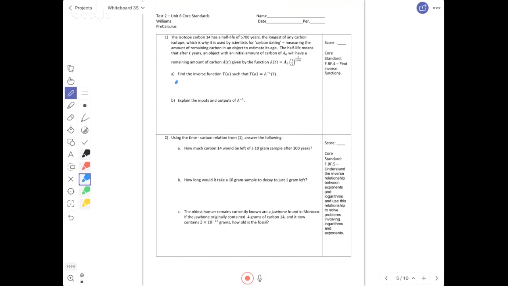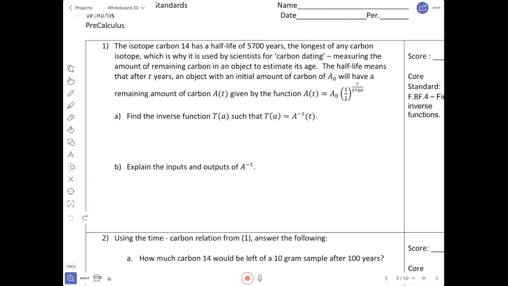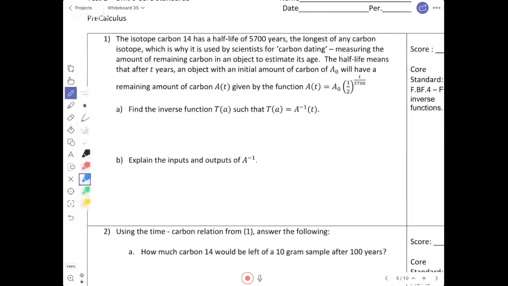I'm going to first rewrite using an input and an output variable. So I'm going to use B and C. B equals A0 times 1/2 to the t over 5,700.